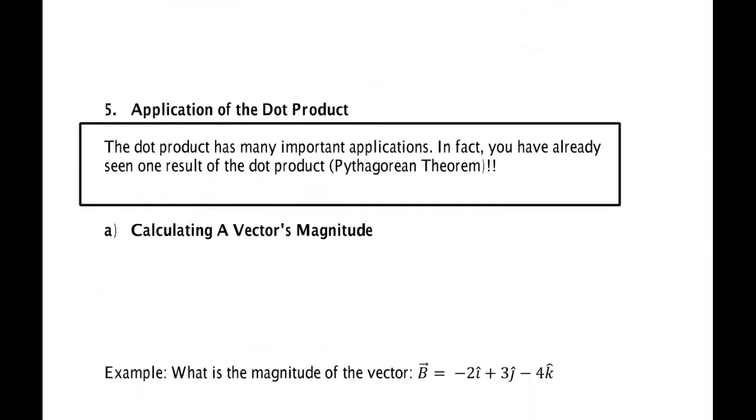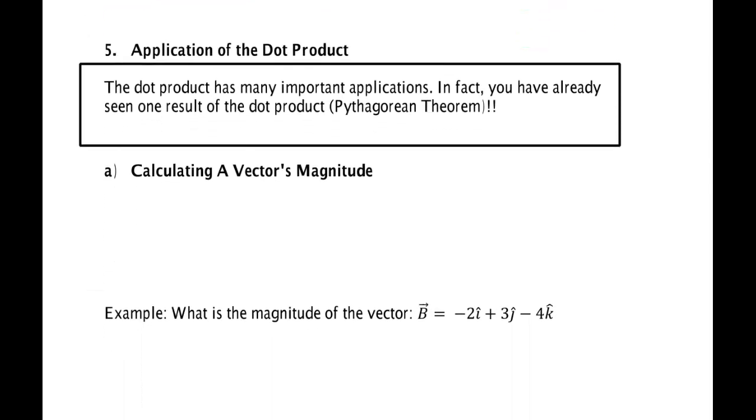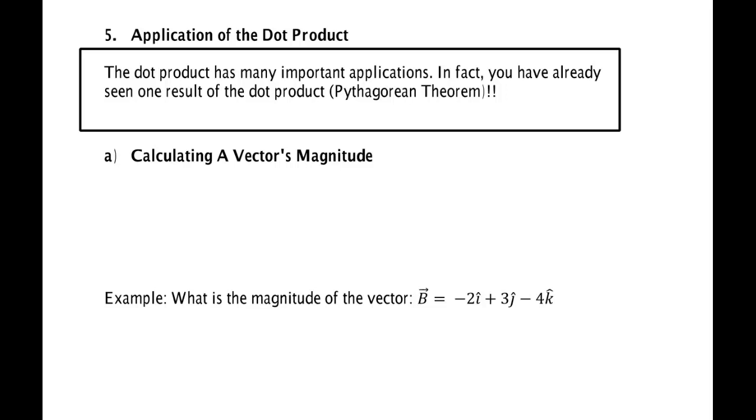Now, the dot product has many applications. One of its most useful ones is finding the length of a vector, the vector's magnitude. If you're looking for the length of a vector, also could be said to be the absolute value of the vector, then what you do is take the square root of the vector dotted into itself.